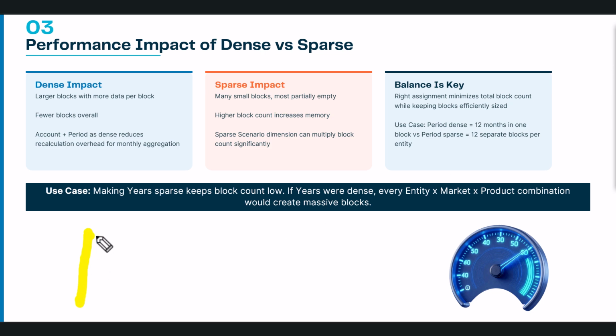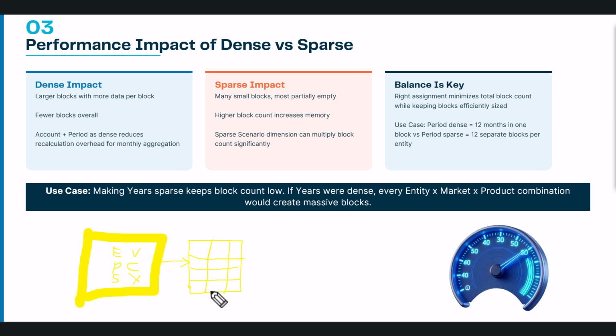So these are the sparse dimensions, right? Here we'll have entity, product, scenario, version, currency, year, right? So this is one sparse combination, and for this sparse combination, we will have a data block, and inside the data block we will have data cells.